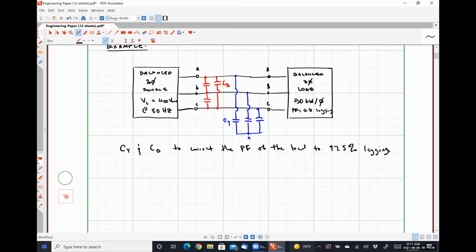All right, so which do you want to do first, the delta capacitance or the Y capacitance? Delta, okay, sounds perfectly reasonable.